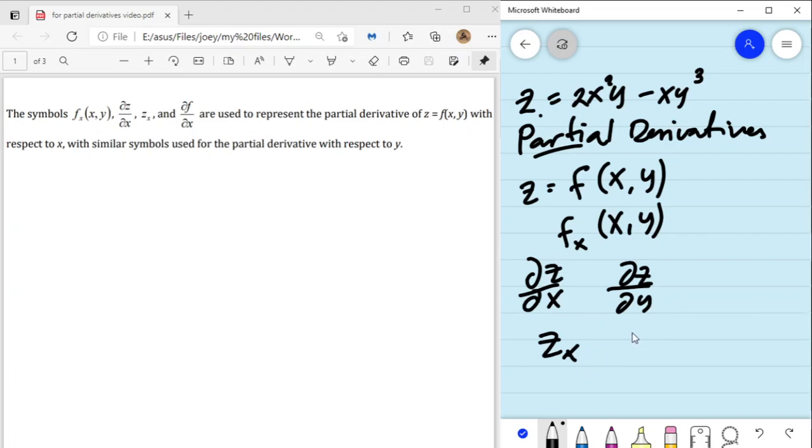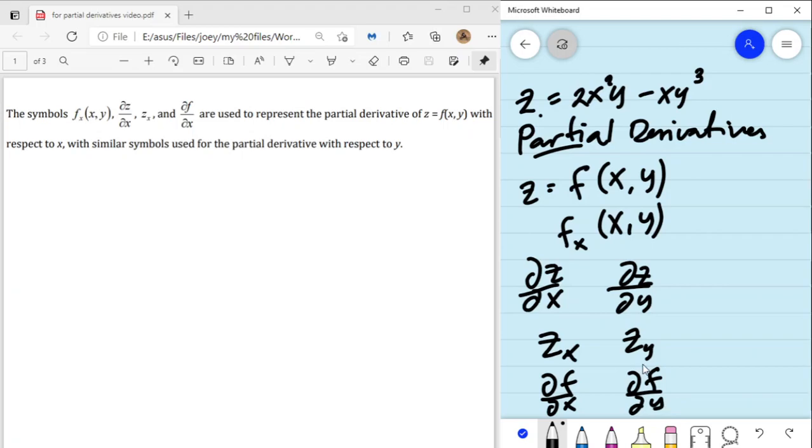Or if we derive it with respect to y, we write z sub y. Or it could also be written as the partial derivative of f with respect to x. Or in the case wherein we derive it with respect to y, we write the partial derivative of f with respect to y.